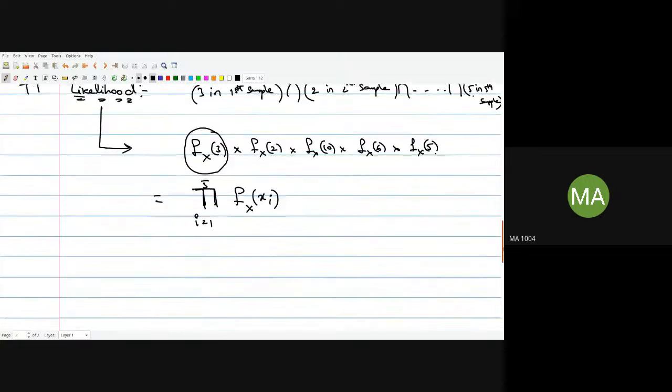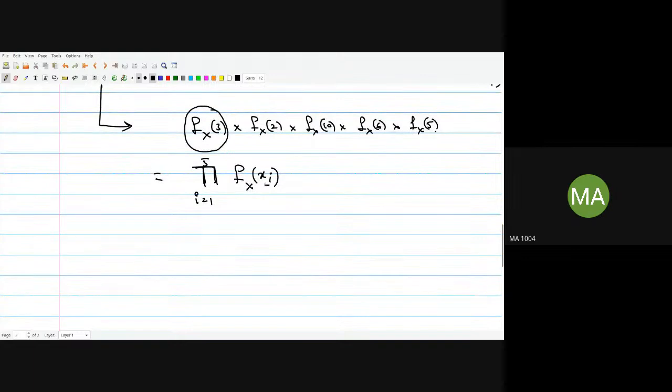The likelihood function depends on these small x's. If there are n samples you have drawn, then likelihood is a function of these n samples, which is the product of these fx's.